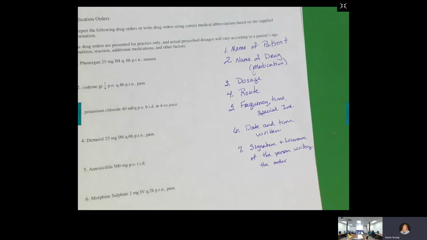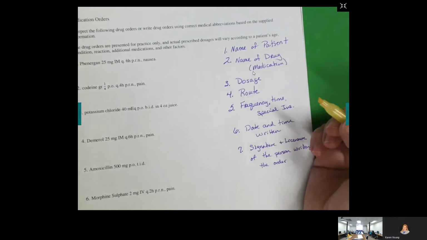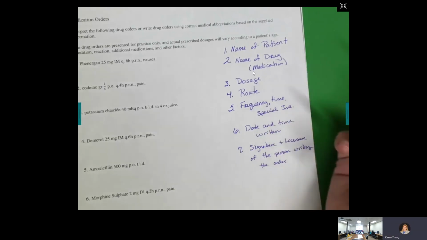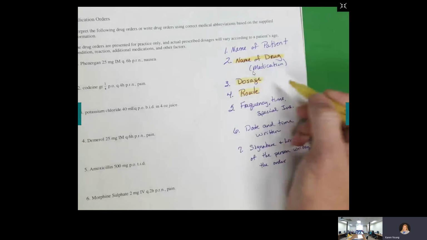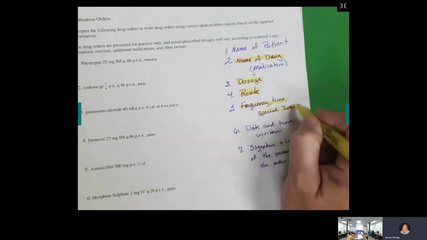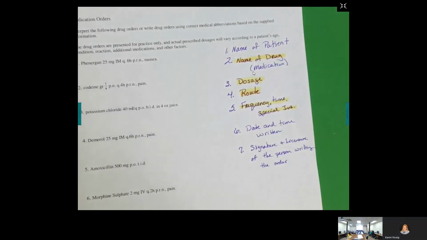The parts that we look at for calculating dosages are the name of the drug, the dosage, the route, and the frequency, time, and special instructions. So those are the ones that we're going to concentrate on as far as picking out the parts of the medication order.